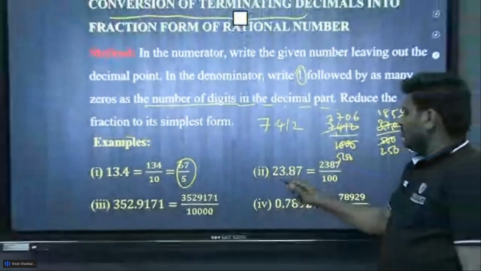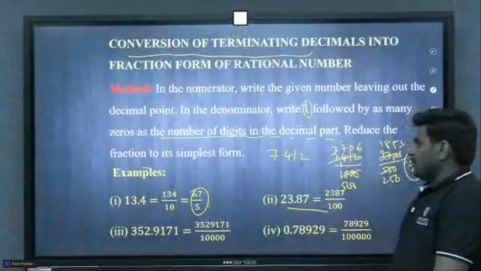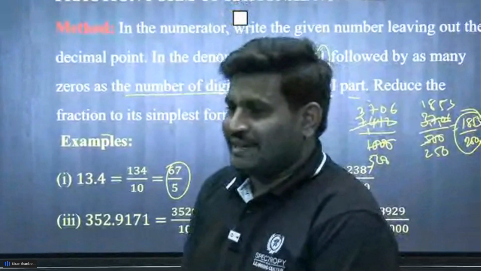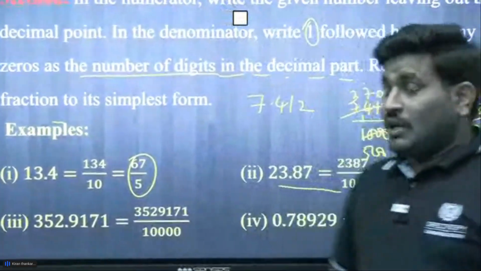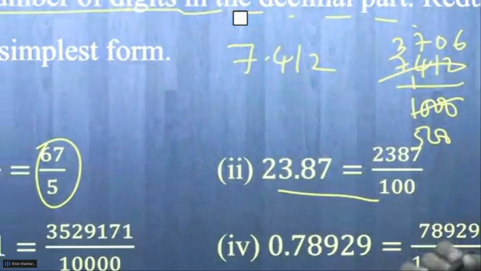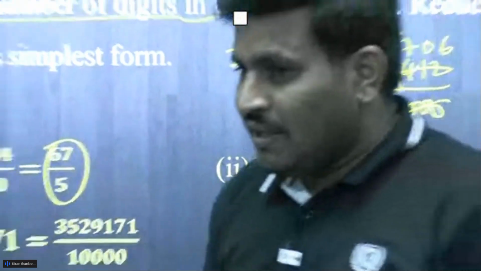Now the second question, 23.87. When we write this, it is 2387 by 100.